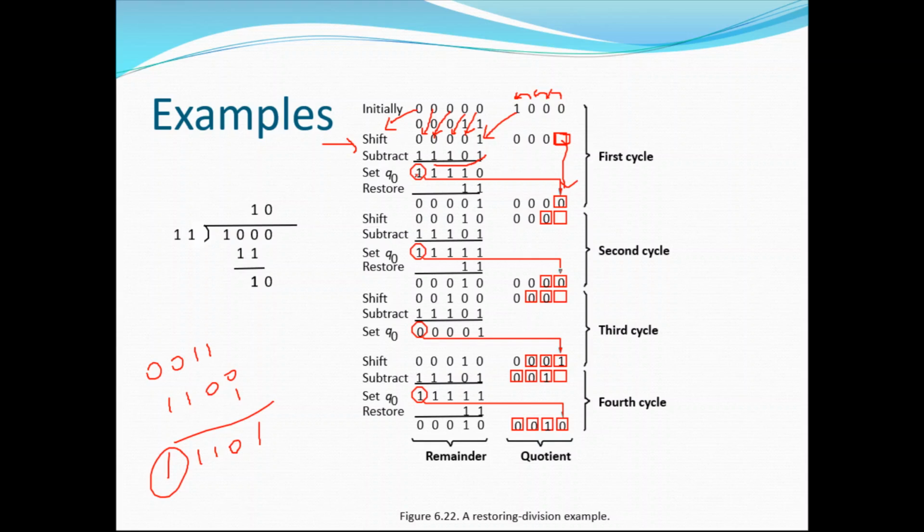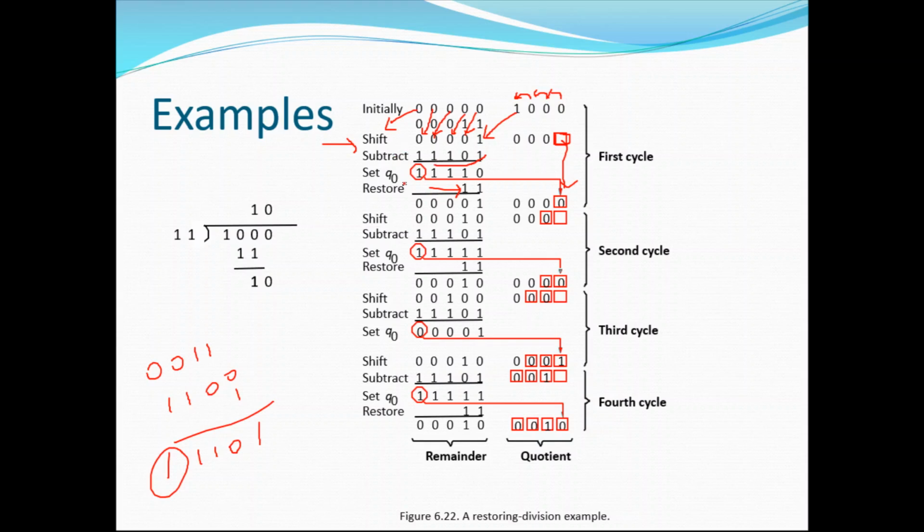If it is a negative number, then you have to restore the original value of a. So you have to add m to this result. When you add m, you will get 0 plus 1 is 1, 1 plus 0 is 0, carry 1, 1 plus 0 is 0, carry 1, 1 plus 0 is 0, carry 1, 1 plus 0 is 0.